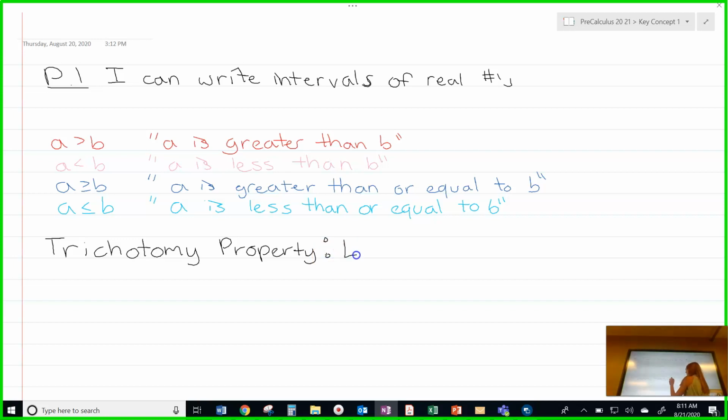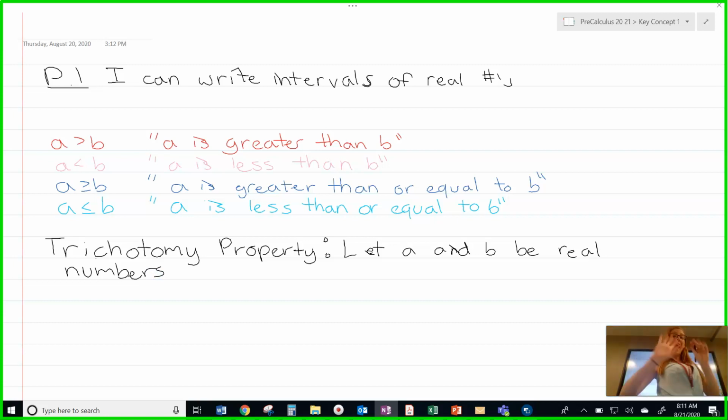Let A and B be real numbers, so any real number, right? So A and B are just any number you can think of, then exactly one of the following is true.